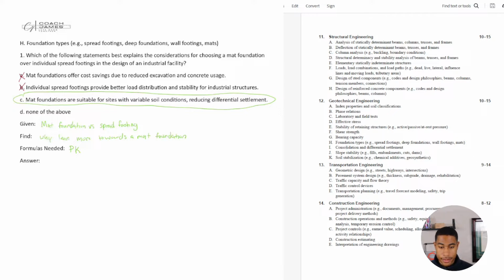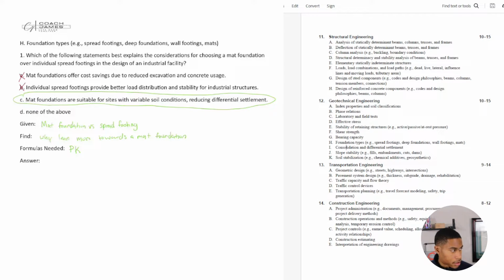The complexity of this design process may increase, especially for a large and complex industrial structure. So if you have a bunch of different soils over a large area, the design gets more complex. Those are just some of the things you will need to know for a mat foundation.